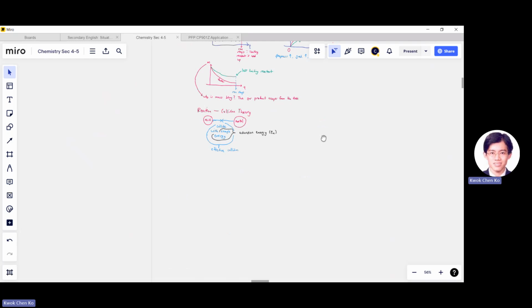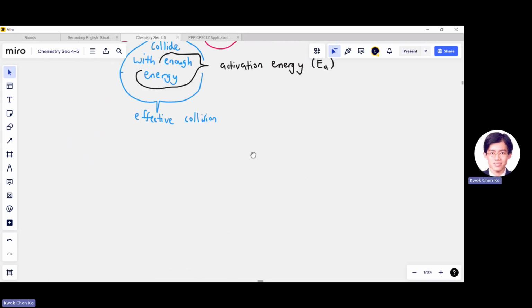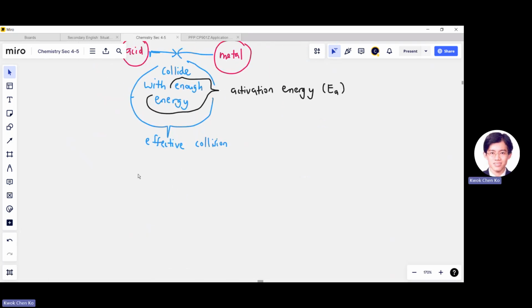It's never so simple. There are four factors that affect speed of reaction. You need to remember all four, of course. pH is not for chemistry, these are all factors affecting speed.